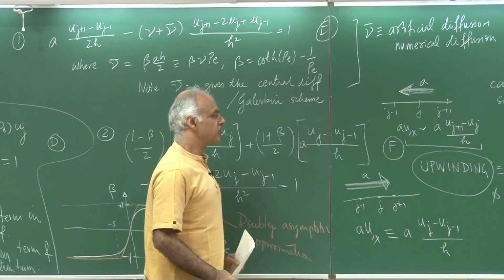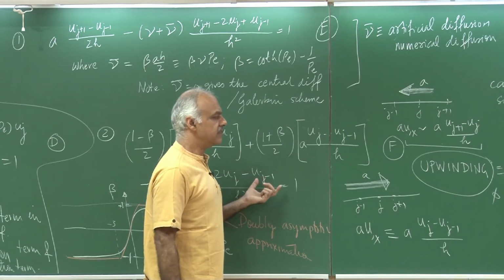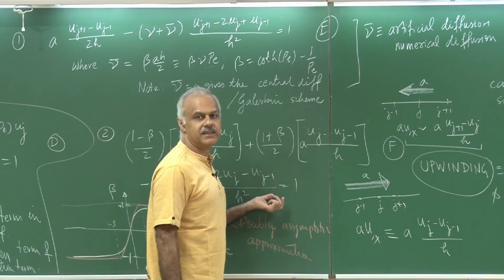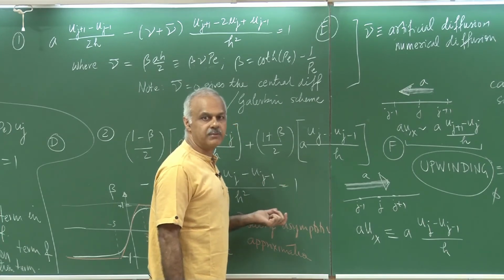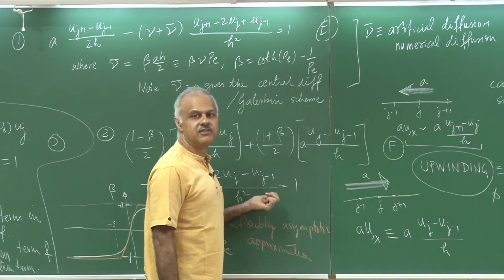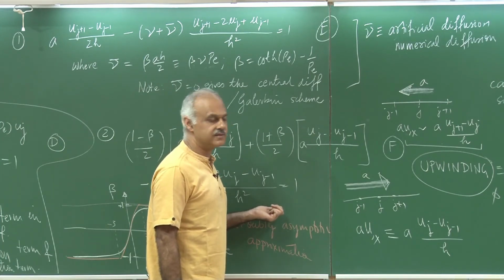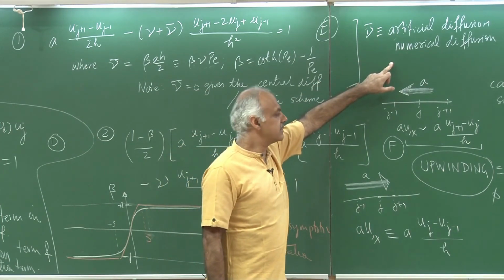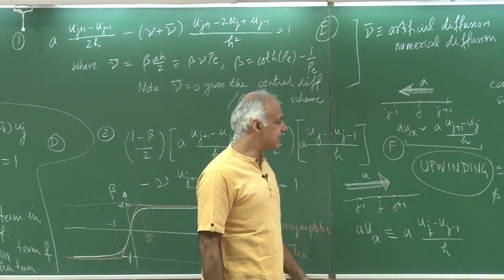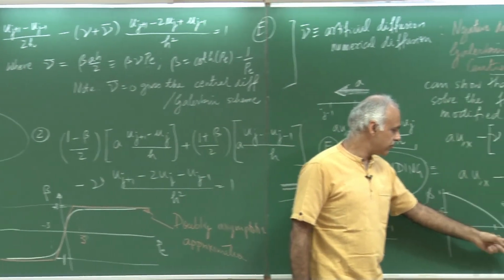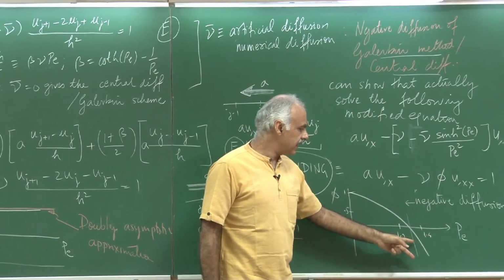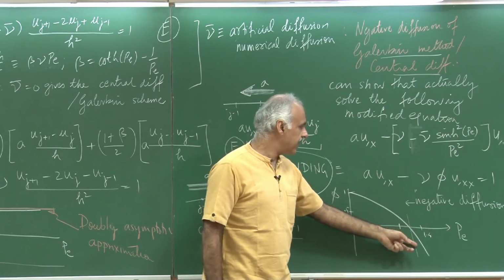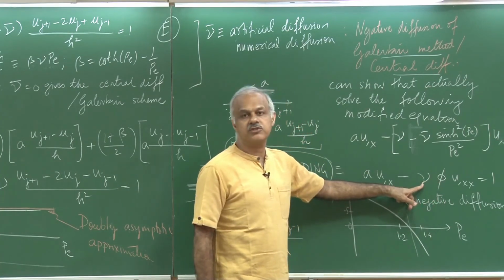Okay. So to summarize, if you want to use a simple finite difference method or a Galerkin method, there are two ways of coming up with a method that actually works in advection dominated flows. A, you can add artificial diffusion, because we have just seen that a central difference method, for Peclet number larger than 1, that means for advection dominated flows, actually produces a negative diffusion.